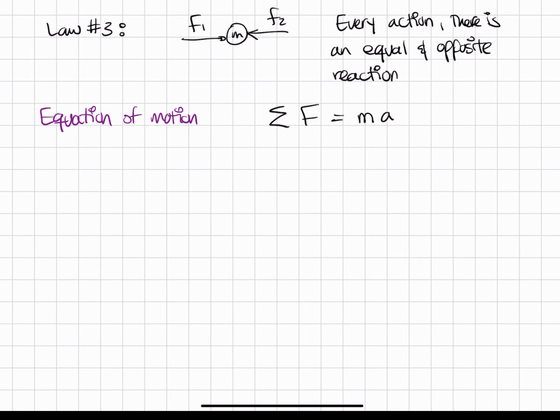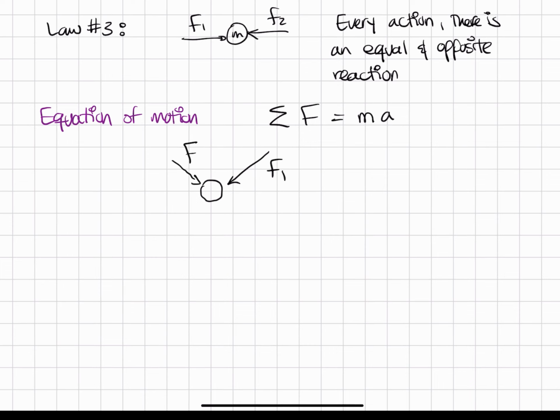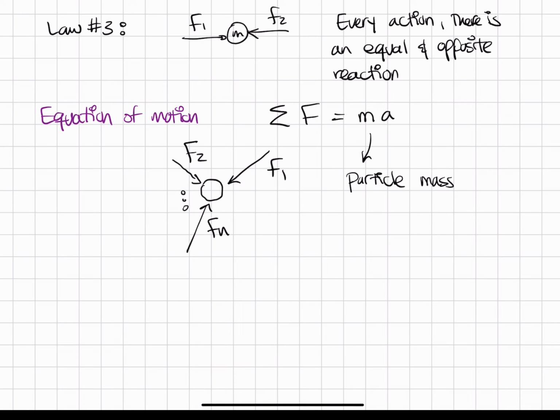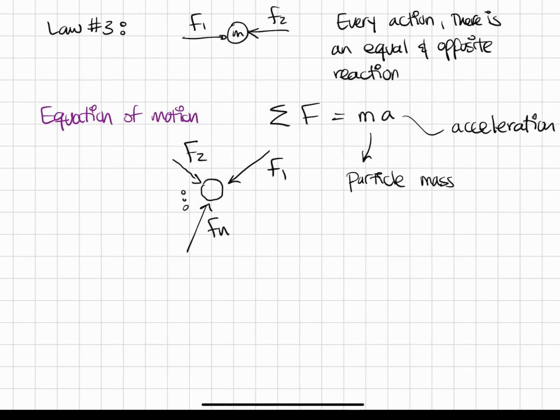So if I have a mass and I have all these individual forces, and you could have a lot of these individual forces, ultimately the resultant of these is equal to its mass, the particle mass, and its acceleration. So we can already see that there is a direct relationship between forces and motion of a particle.